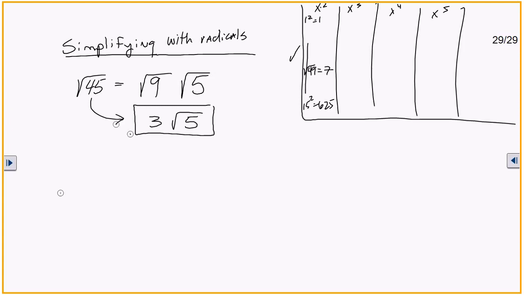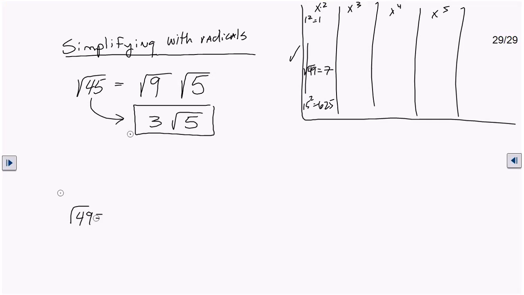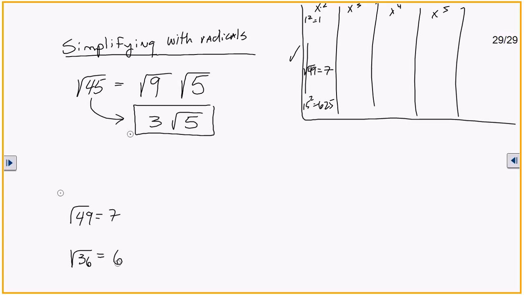Now another way, which is approximate, is this: the square root of 49 is equal to 7. The square root of 36 is equal to 6. Halfway between 6 and 7 is 6.5. So you just find the middle. This is called interpolation. 36 to 49 is 13.